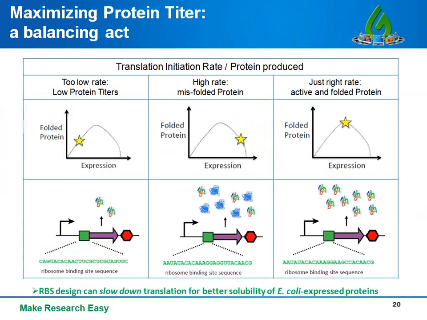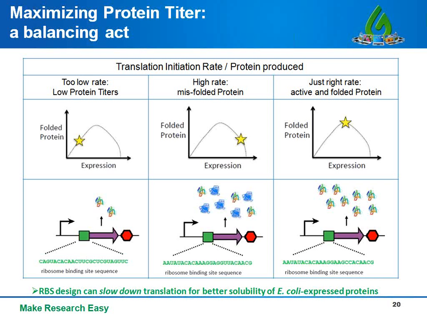So when you want to maximize your protein titer, again, it's a balancing act. Let's just say that you're starting by observing that your expression level is too low. You're getting low protein titers. That may be because your translation initiation rate is too low.